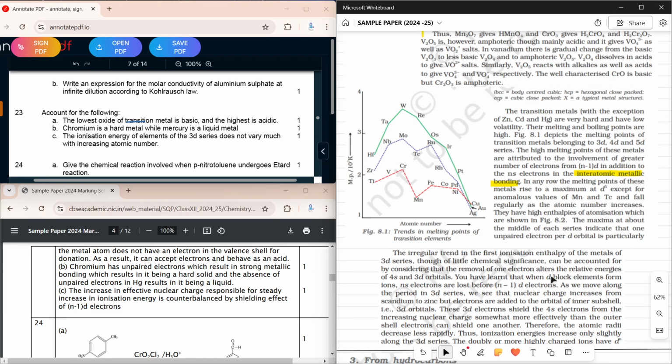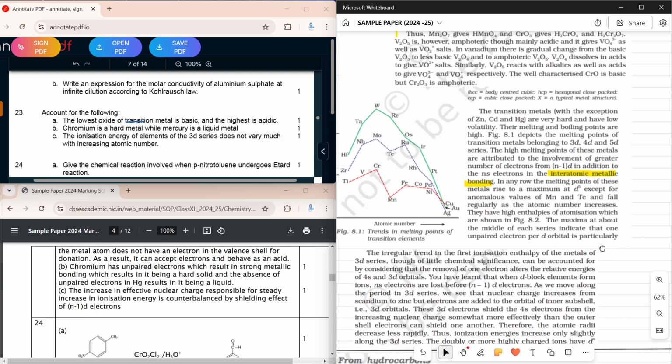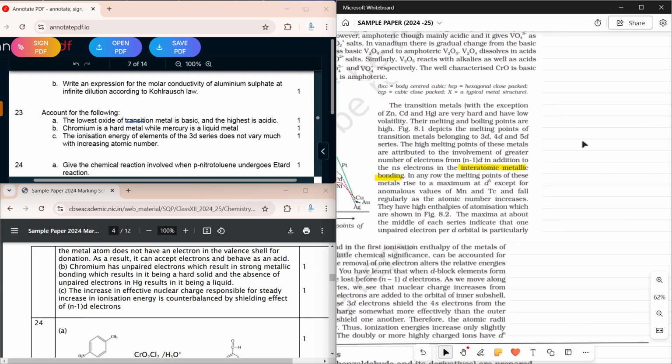First of all, let's look at the electronic configurations. Chromium is Ar, which is argon, 3d5, 4s1. On the other hand, mercury is Ar again.